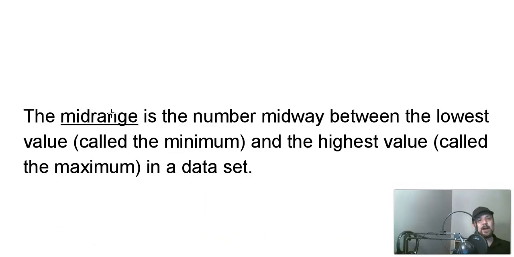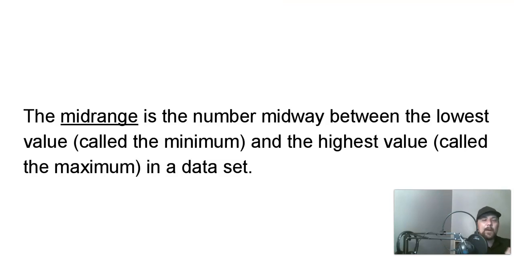90 is right there in the middle, except for this last one, which is also the worst one that we're going to do. The mid-range, the most useless one, is the number midway between the lowest value, called the minimum, and the highest value, called the maximum, in a data set. We talked about this in chapter 2 because we had to do this for class boundaries and class midpoints.